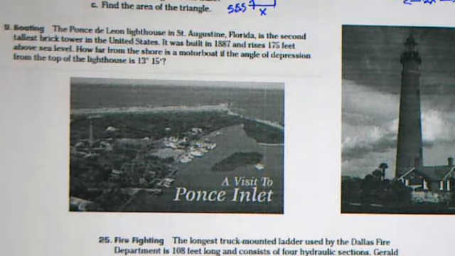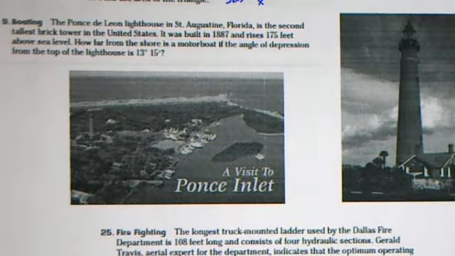This Ponce de Leon lighthouse is the second tallest brick tower in the United States. It was built in 1887. That's all extra information. It's 175 feet above sea level. How far from the shore is a motorboat if the angle of depression from the top of the lighthouse is 13 degrees 15 minutes?